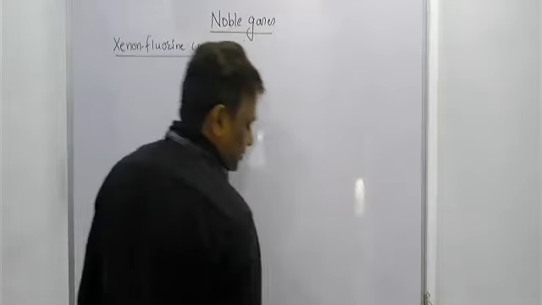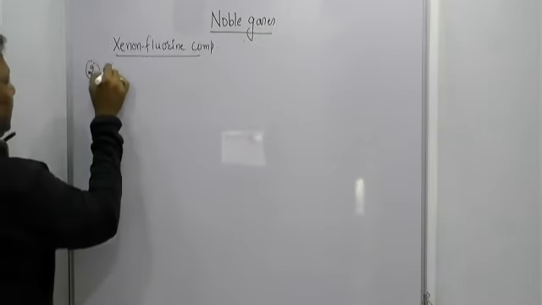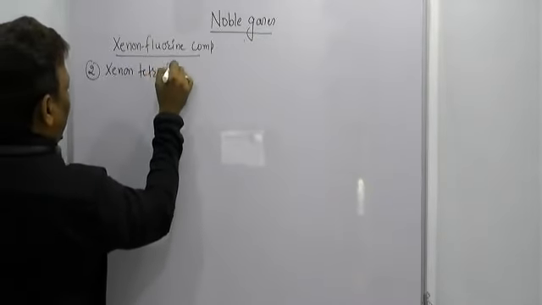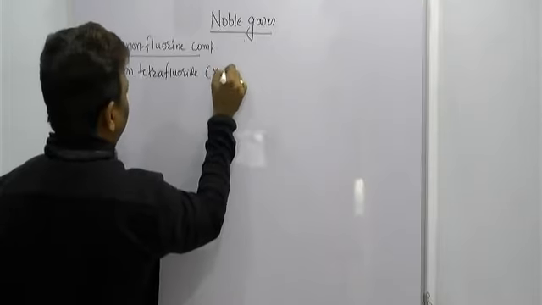The first one we saw was xenon difluoride, XeF2. The second compound of xenon and fluorine is xenon tetrafluoride, which should be XeF4.